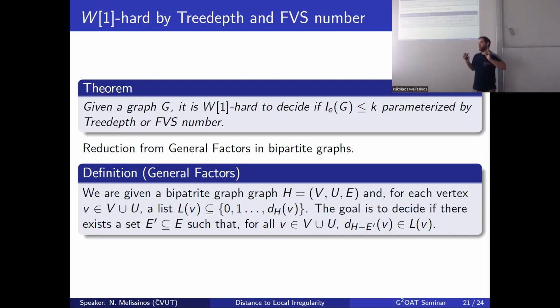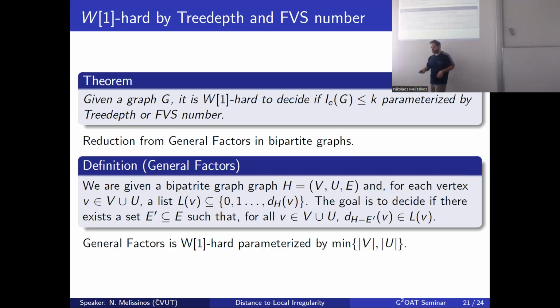General factors is a problem, even in bipartite graphs, where you have for each vertex a list of degrees, and your goal is to delete some edges so that in the final graph, each vertex has degree inside its list. And this is also known to be W[1]-hard parameterized by the smaller of the two bipartitions.